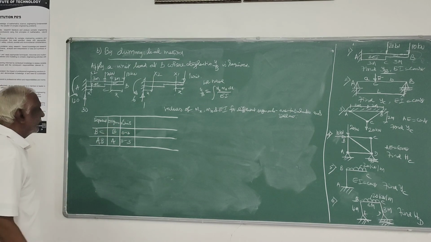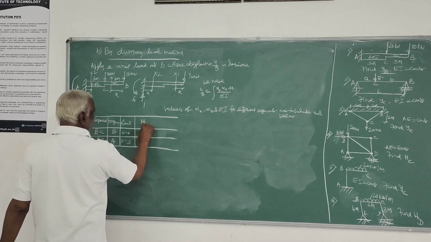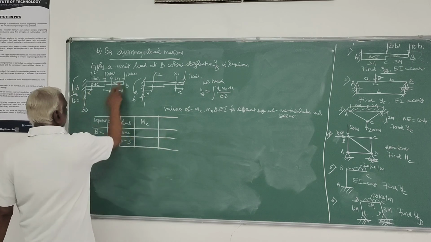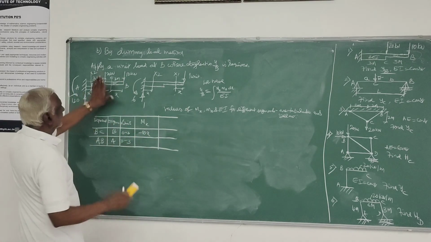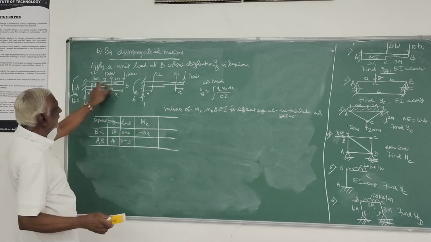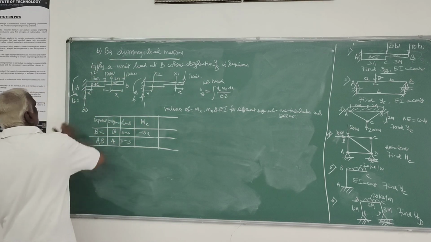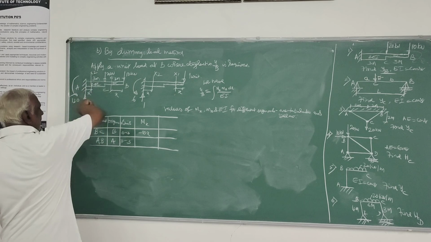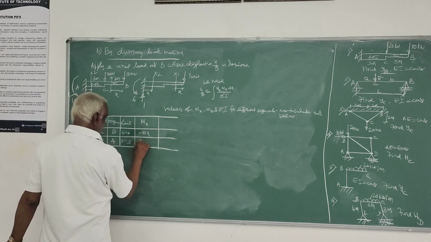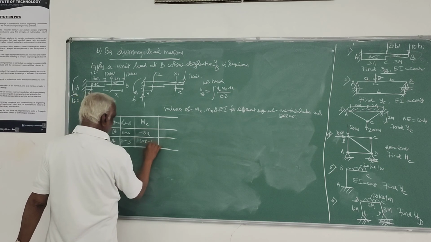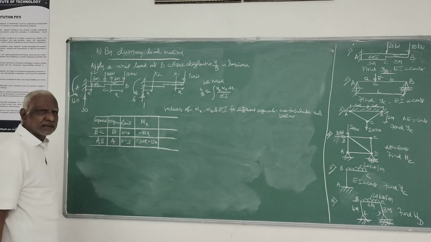And then find Mx. Mx here is minus 10x, taking towards the right side. It is 10 into x, negative. Here it is 30x minus 120, 30x positive, 30x minus 120.